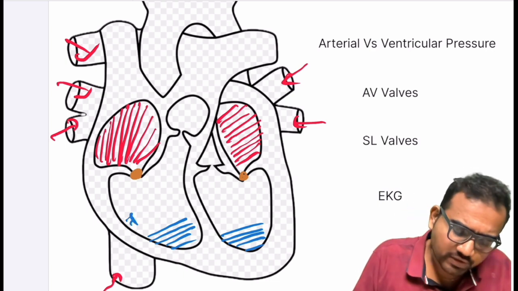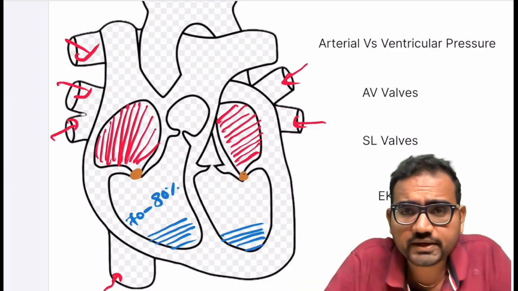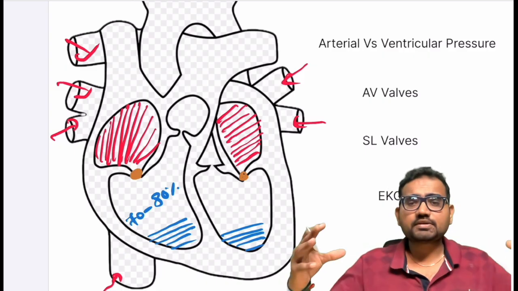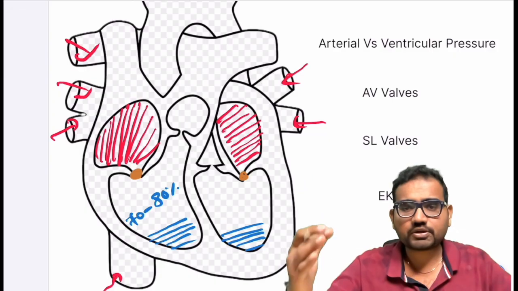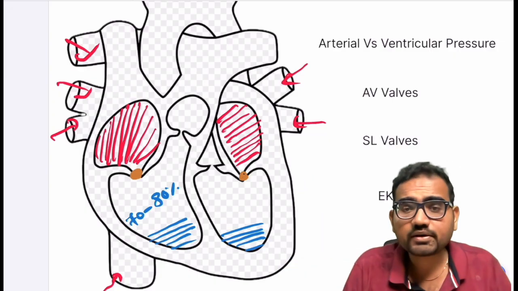So 70 to 80% of the blood flows from the right atrium and the left atrium during the ventricular filling. So the pressure increases, the valves open, there is a passive flow of blood from the right and left atrium to the right and the left ventricle. So this phase is called the ventricular filling phase.